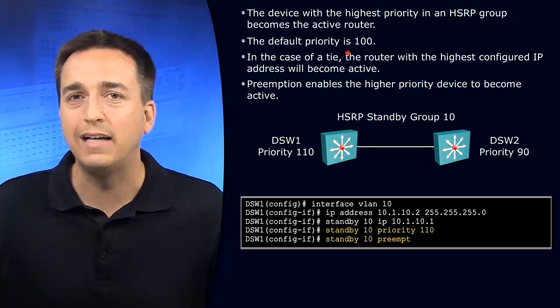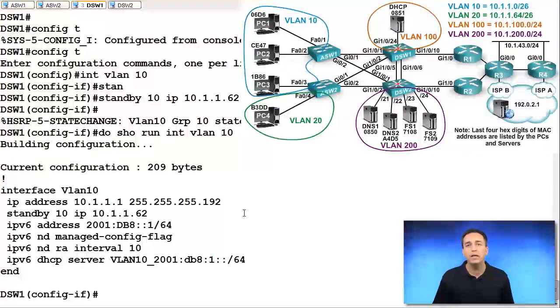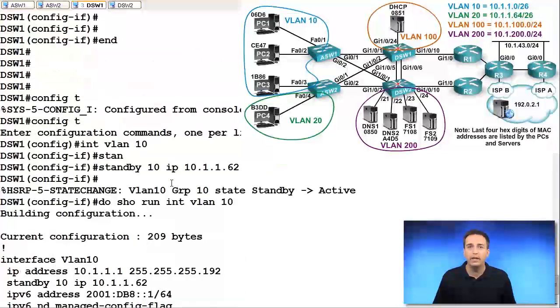Now, why is that? And that is what has happened in this environment. Because HSRP was enabled first on DSW1, it got to the active state before DSW2 even had a chance to start sending hello packets. That's why DSW1 ended up in the active state.